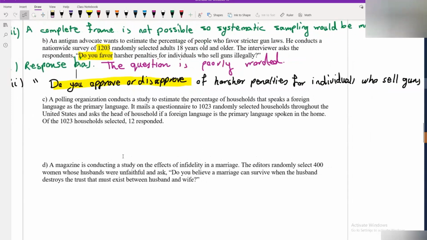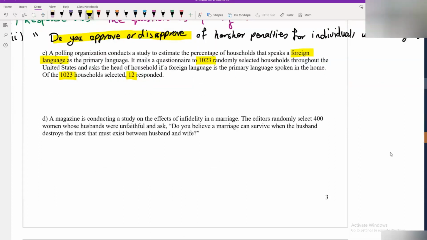Now part C. Asking those whose primary language is a foreign language, and the survey maybe is in English and they didn't understand, so they were not able to read the questions. That's why they didn't reply. That is the reason.